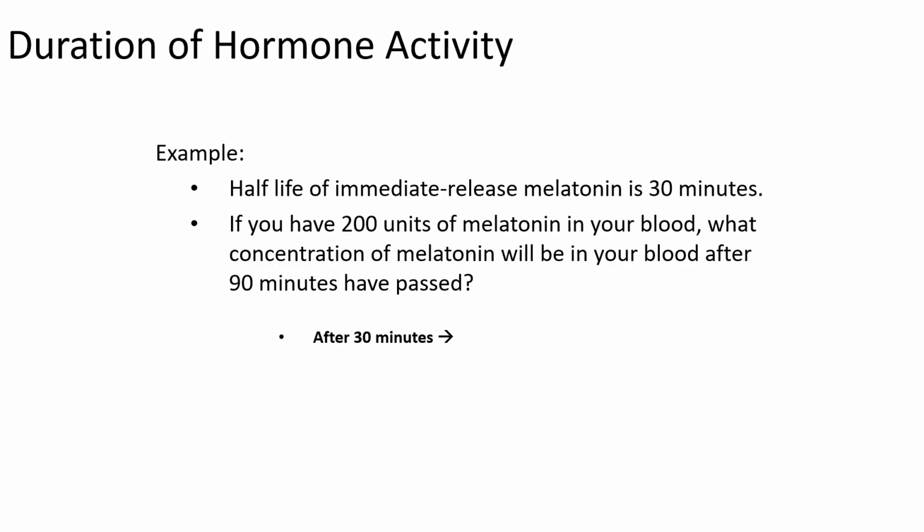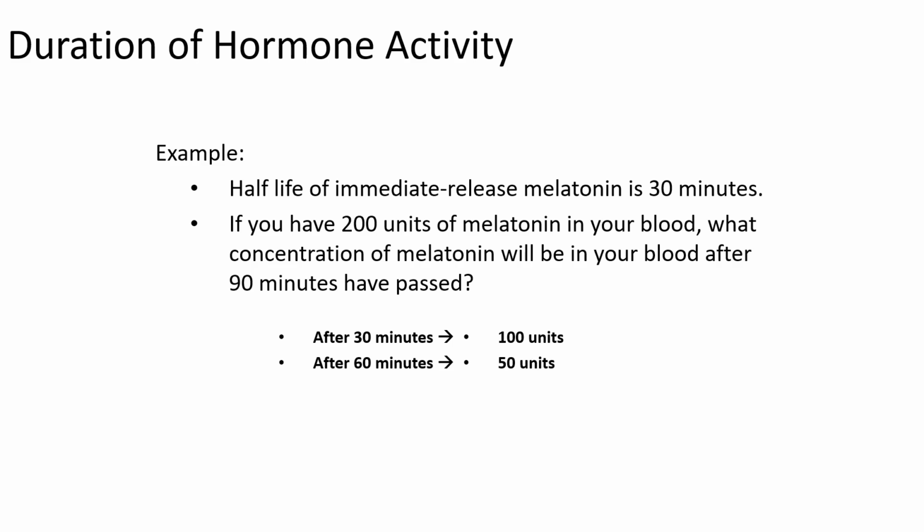After 30 minutes, we know that we will have half the amount of melatonin in our blood. Half of 200 is 100. If we allow time to continue, after about 60 minutes, we're going to have half of what we had at 30 minutes. Half of 100 would be 50 units.